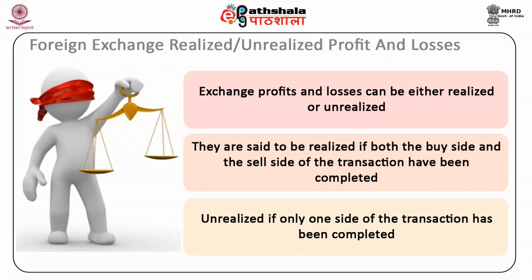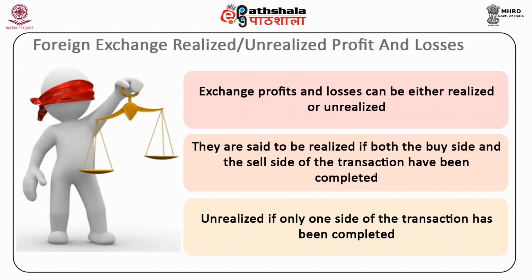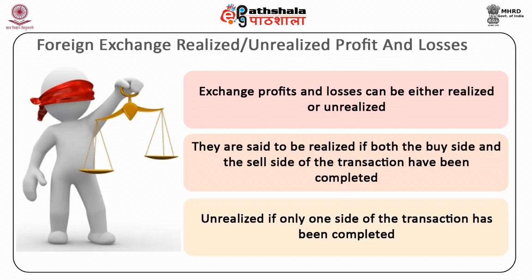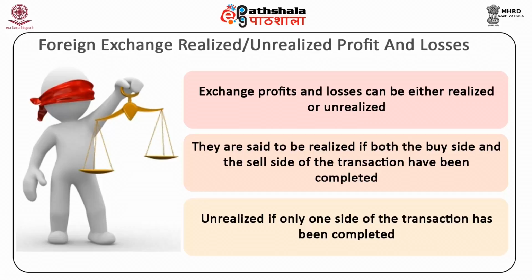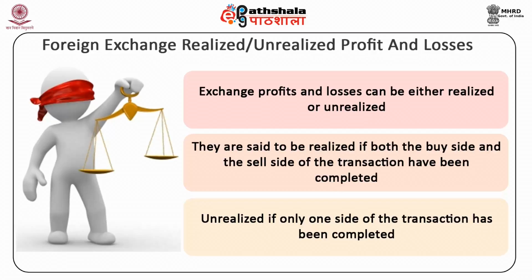1.4435 US dollar. Here, unrealized profit equals proceeds of potential sale of 10 lakh pounds sterling minus the cost of purchase of 10 lakh pounds sterling, which equals 10 lakh into 1.4435 minus 10 lakh into 1.4450, which equals 14 lakh 43,500 minus 14,45,000, which equals minus 1500 US dollar.